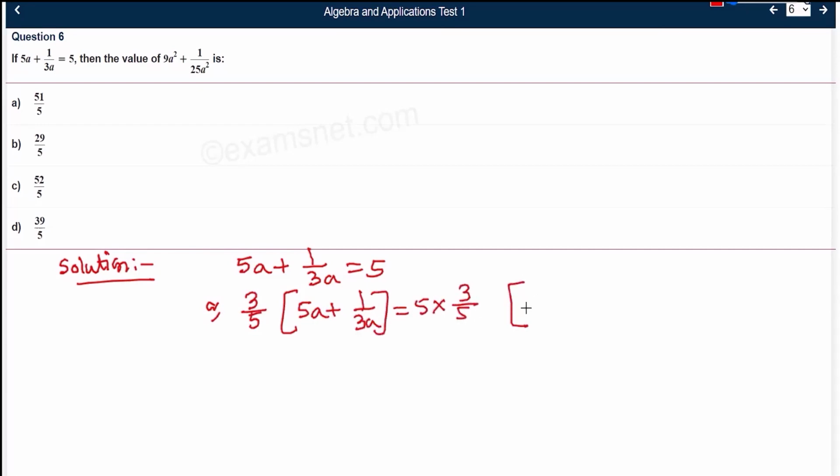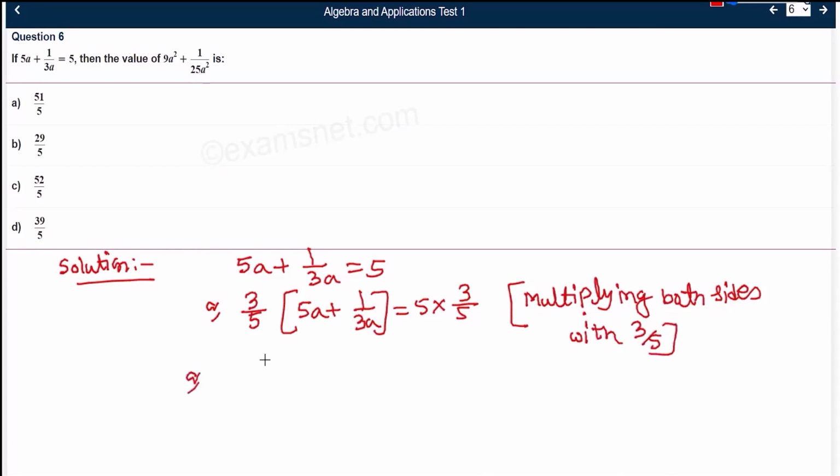Now in a bracket, let me write the operation that I have done here. Multiplying both sides with 3 by 5. Correct. Now let's do the multiplication.